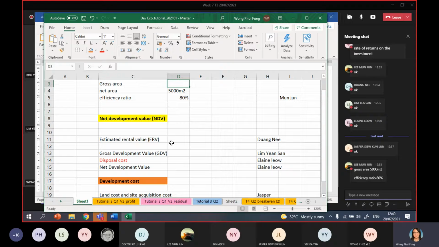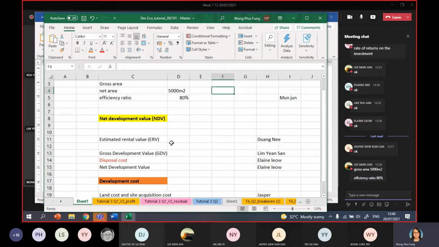Gross area, use the formula I gave yesterday.